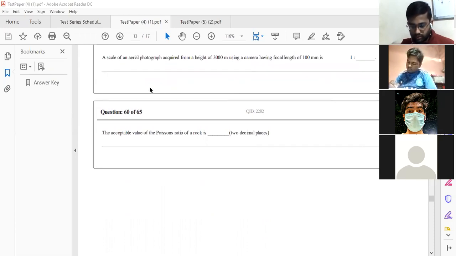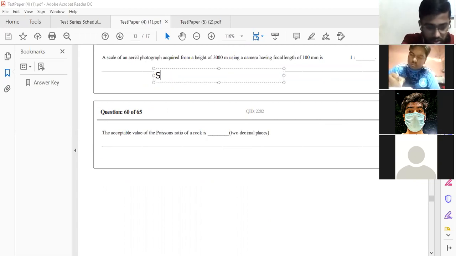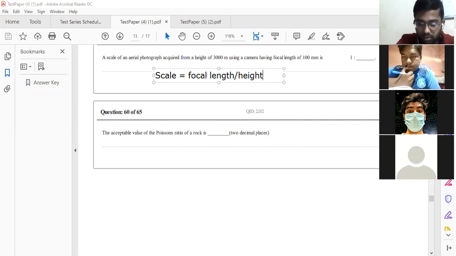A scale of aerial photograph acquired from height of 3000 meters using a camera having focal length. Okay, so focal length is given, height is given. You know the basic formula. Scale is equal to focal length upon height.